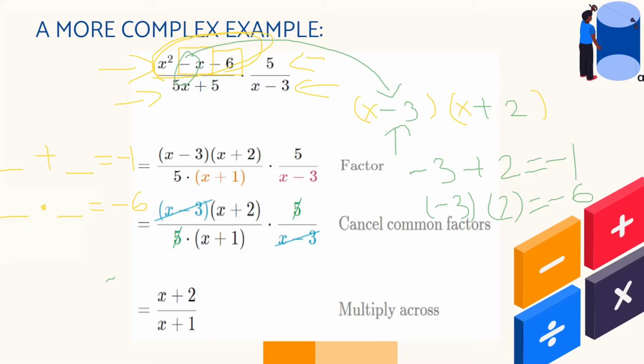Oh, -3. Oh, okay, yeah. So for this one, the two magic numbers are -3 and 2. Because if you add -3 and 2, you get -1. And if you multiply -3 and 2, you get -6. Are we clear with that so far?